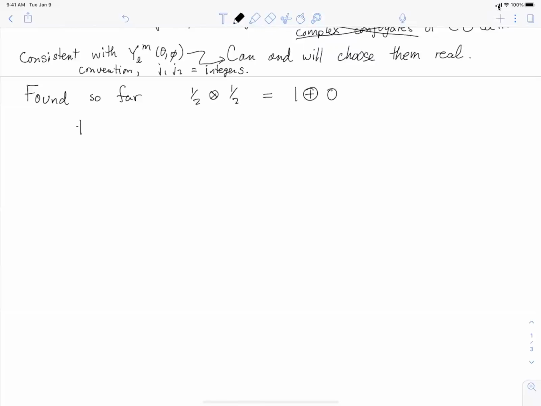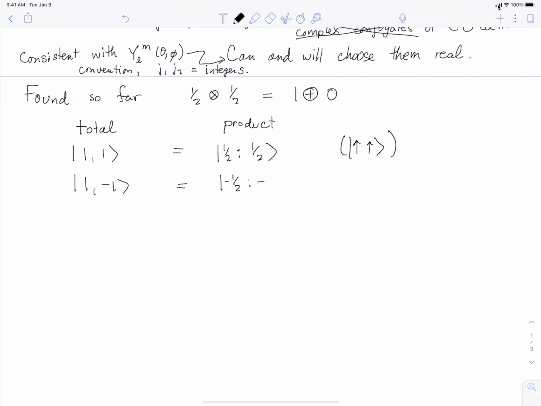And so if we write in the total basis in this column, there was a state 1,1, which in the product basis was up arrow, up arrow, but I'm just going to rewrite that today as 1/2 colon 1/2. And then we had 1, minus 1, which was in the product basis minus 1/2, minus 1/2. That's also known as down arrow, down arrow.